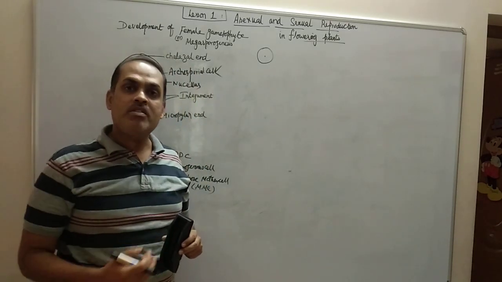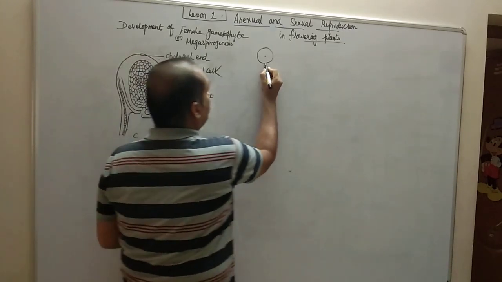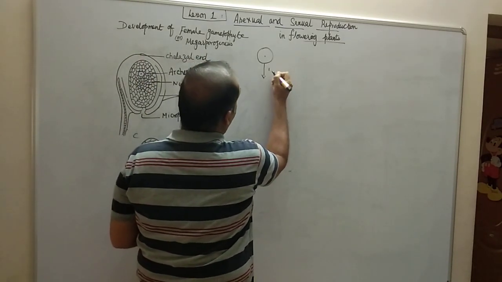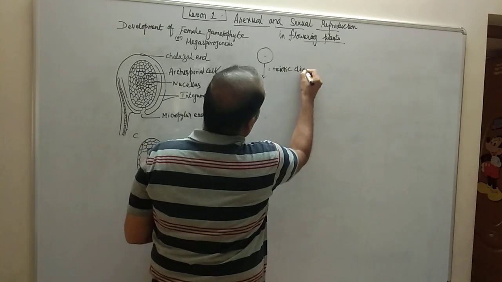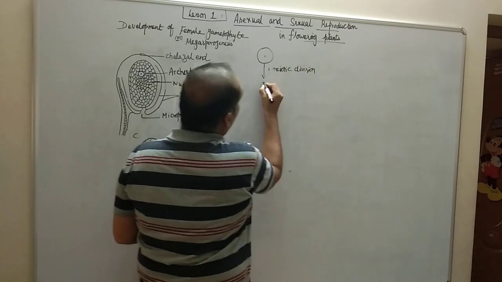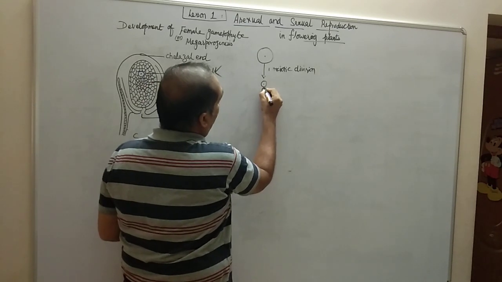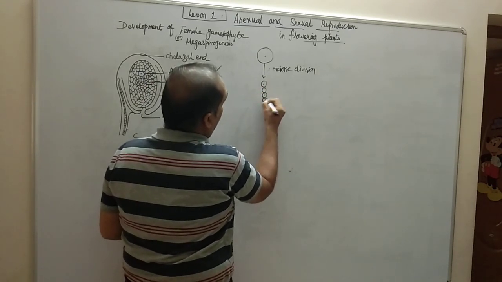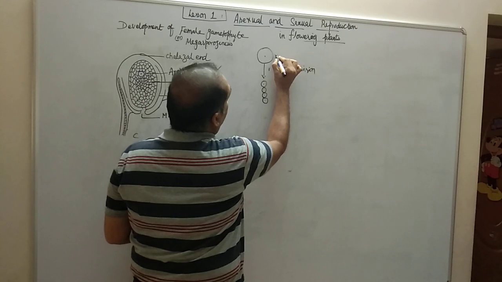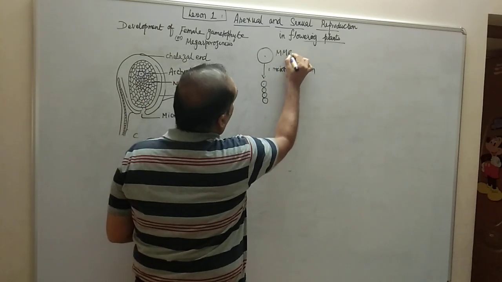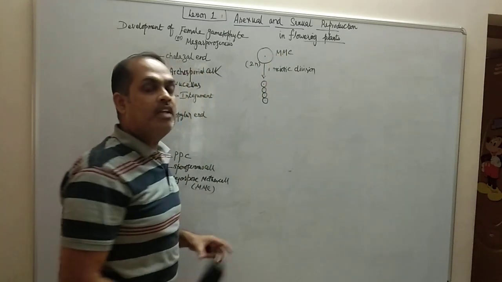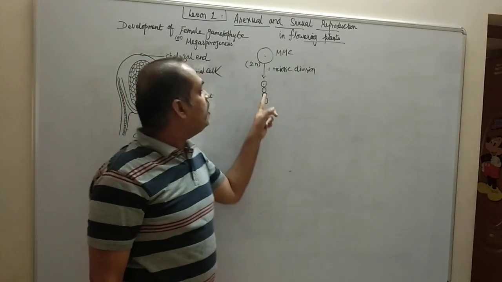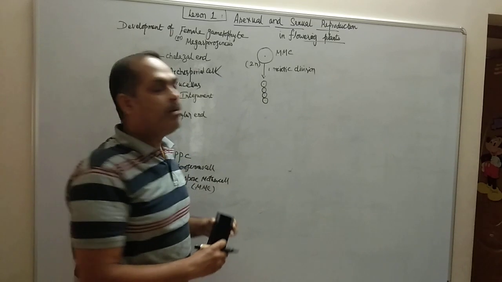It will undergo one meiosis to form 4 haploid megaspores. This is the megaspore mother cell, which is diploid in nature. This megaspore mother cell on meiosis will give rise to 4 haploid megaspores.